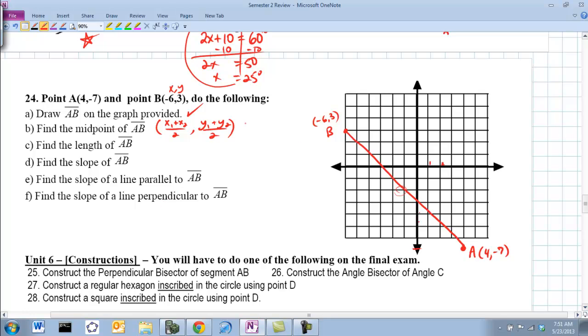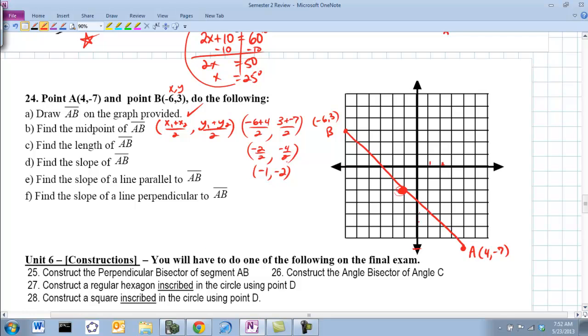On this problem, the x coordinates were negative 6 and 4, and the y coordinates were 3 and negative 7. We divide each of these by 2, and we get negative 2 over 2 and negative 4 over 2, which is negative 1, negative 2. Which is in fact right there, right where we thought it was.